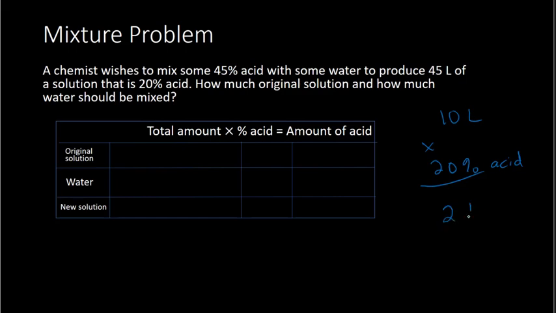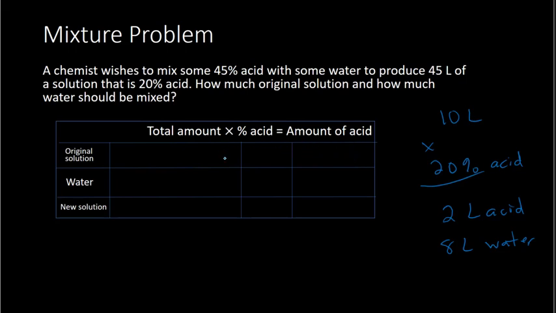So that means we have 2 liters of acid, and then the other 8 liters would be whatever else, so water typically. So that's what the 20% acid means. So out of the quantity, 20% of it is acid, and the other percent would be something different. All right, so that is why we multiply the amount times the percent acid to get the amount of acid.